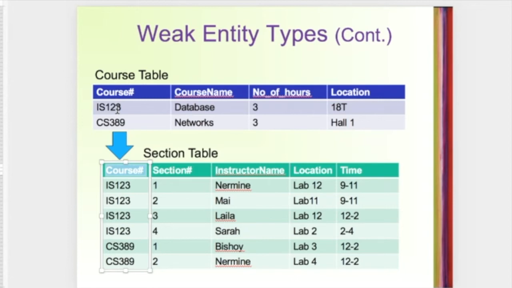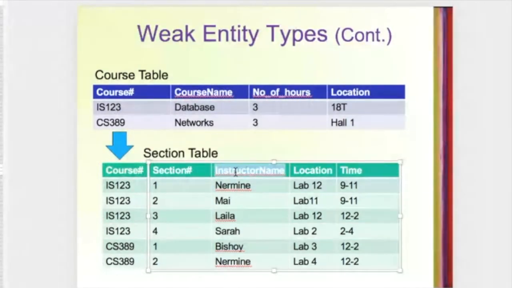Sometimes we need to link more than one. For example, here the instructor name, you can understand that there will be another table. Its name will be instructors, which will have all the data of instructors. So these values should come from the instructor table. So we will also link this column, this attribute, to its parent table, which is the instructor table.